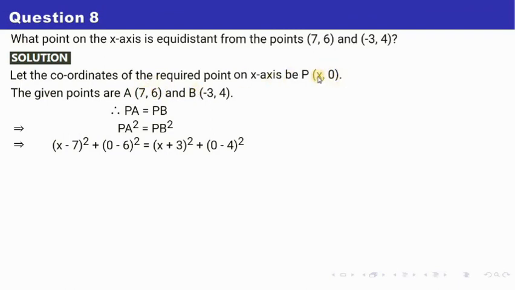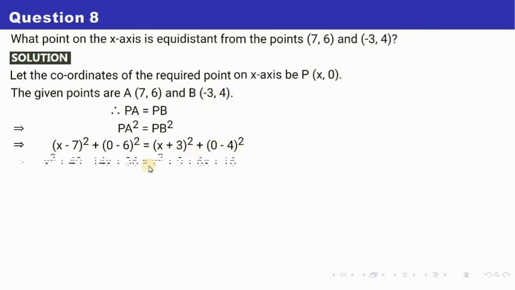So, x2 minus x1 whole square plus y2 minus y1 whole square equals to, similarly the same thing is done out here, this is called as x1 y1, this is called as x2 y2, because we are finding PB. So, x2 minus of minus 3 is plus 3 whole square plus 0 minus 4 whole square.